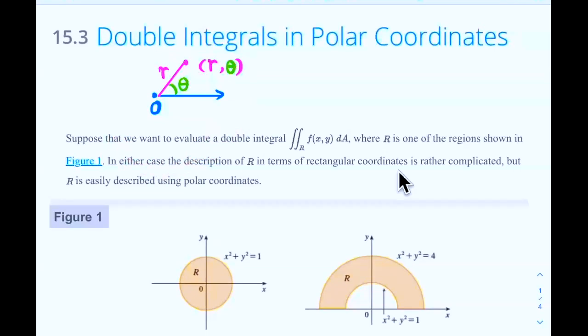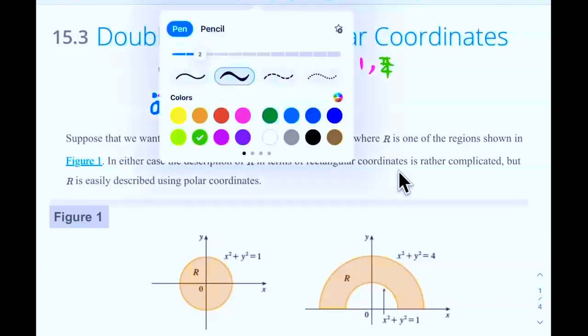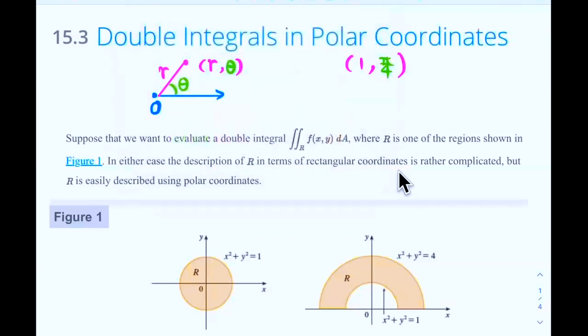For example, how do we locate the point (1, pi over 4)? You first draw the polar axis, then you go pi over 4 in the counterclockwise direction, and draw a ray from the pole pointing in this direction.